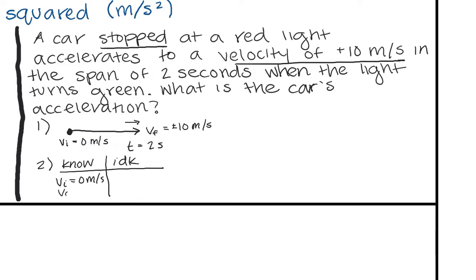So I'm going to write my final velocity is equal to 10 meters per second. And we know that it is over the span of 2 seconds. So I'm going to write that 2 seconds is our unit for time. So I'm going to write T is equal to 2 seconds. So we know our final, our initial, and our time. So what we are solving for is obviously our acceleration.